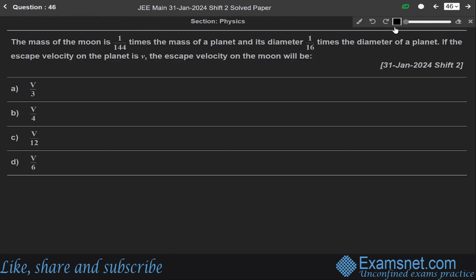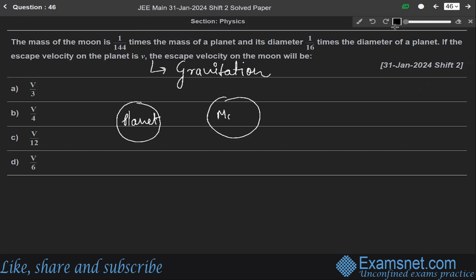The mass of moon is 144 times the mass of planet and its diameter is 1 by 16 times the diameter of a planet. If the escape velocity on the planet is v, the escape velocity on the moon will be. So this question is from the chapter of gravitation. According to this question, let us say this is a planet, and let us say this is moon.